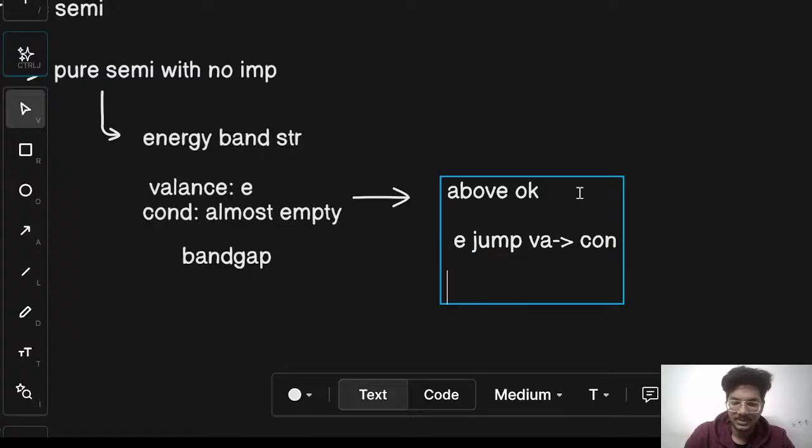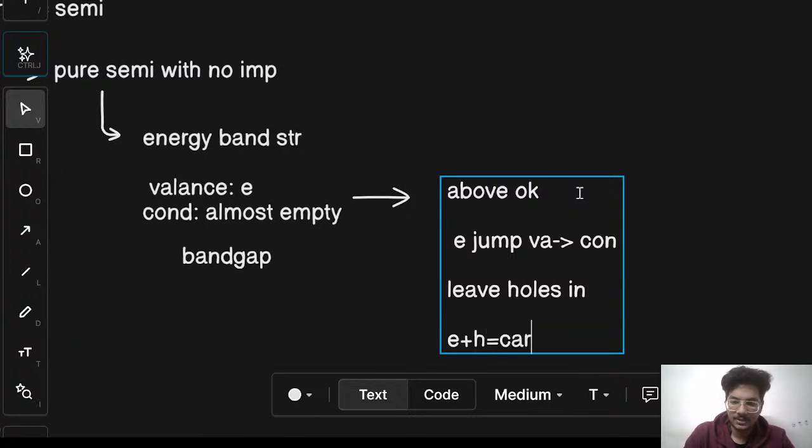These electron and hole pairs are known as carriers, responsible for electrical conduction.